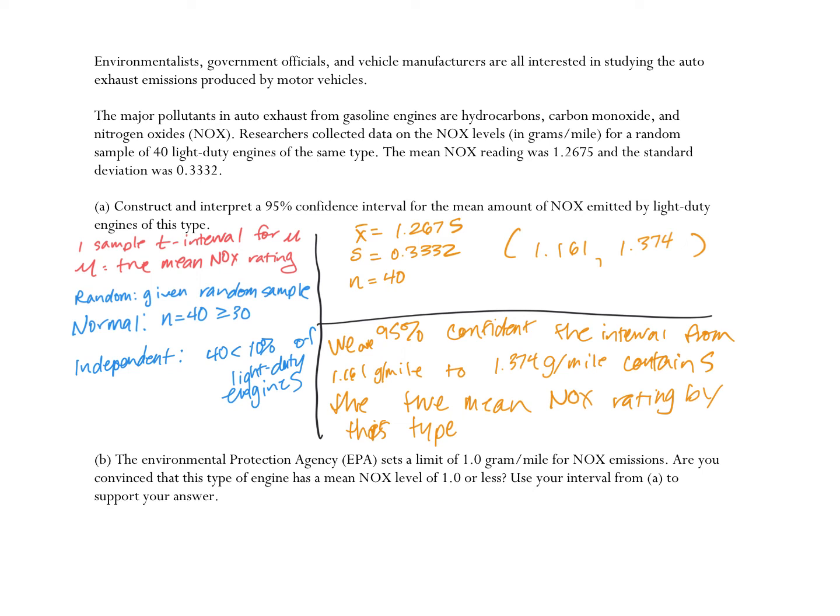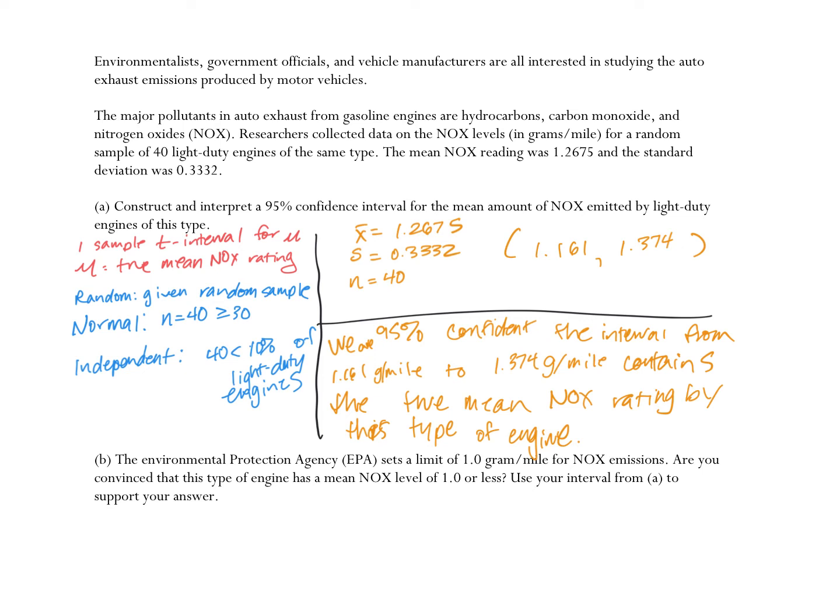You might come across a multiple choice question with it filled in, and you're going to wonder where the heck this number came from. It came from that t-star calculation.